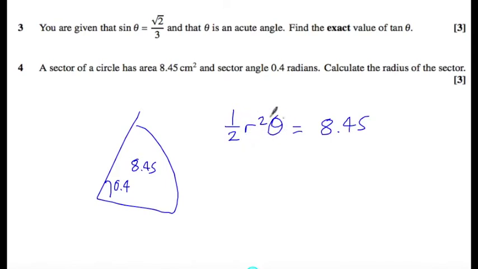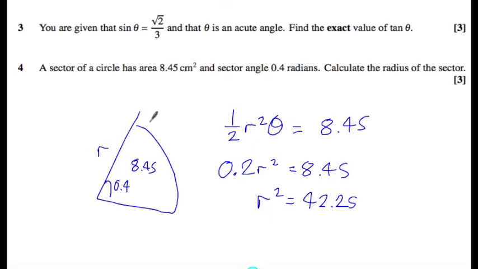If we times it by a half, we've got 0.2 r squared is 8.45. So on my calculator, I'm going to do 8.45 divided by 0.2, which gives me 42.25. So this is r squared. And then if we square root that, we get 13 over 2, so 6.5 centimetres.